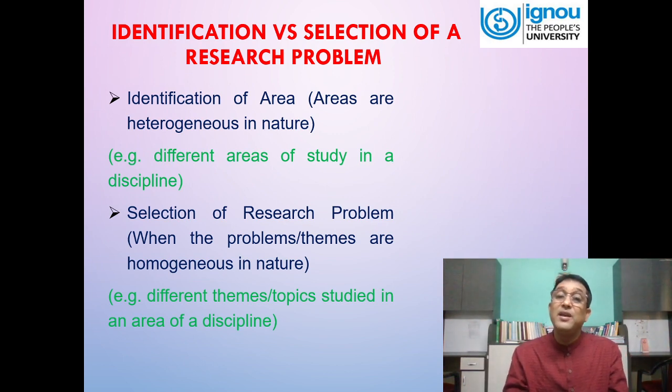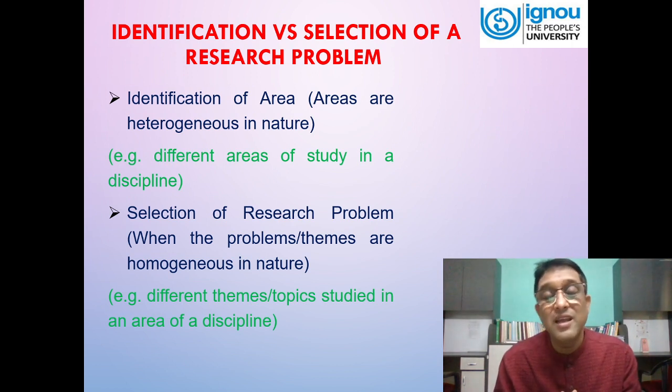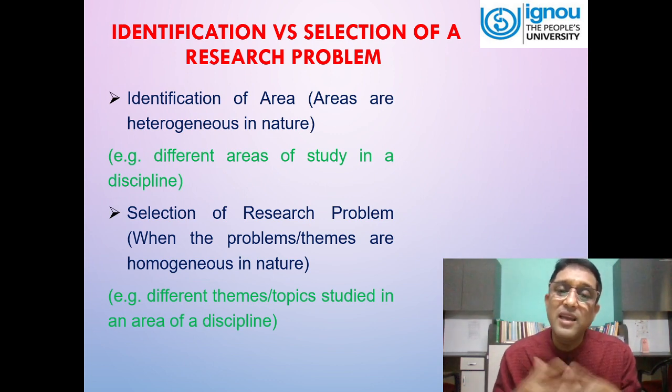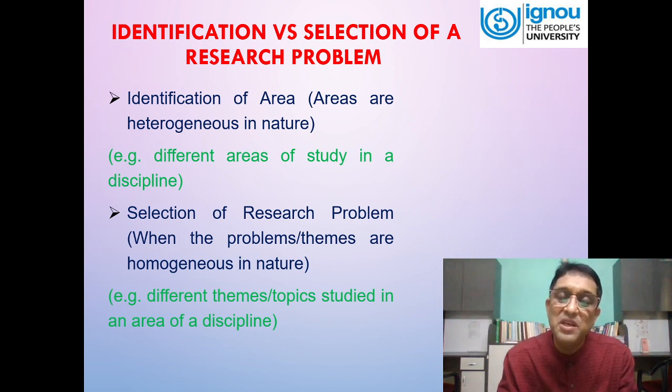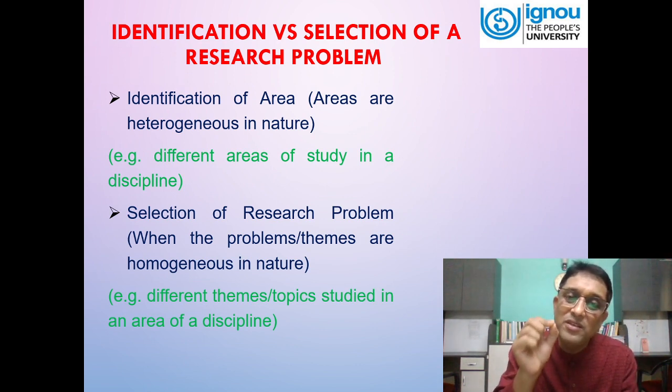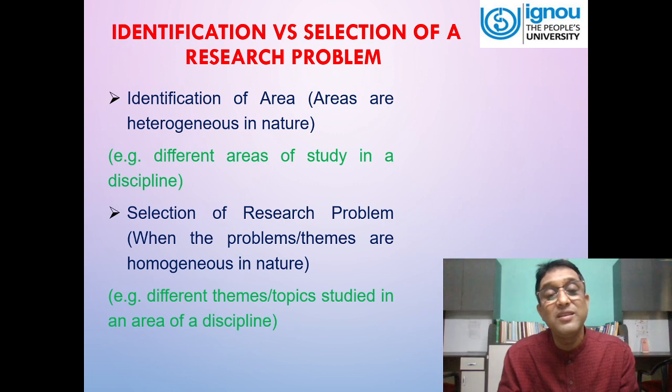Then curriculum studies is another area, guidance and counseling is another, educational technology is another. Adult education is another area, higher education is another, educational philosophy is another, educational psychology is another area. And history of Indian education, the educational development in the country, that is also another area.